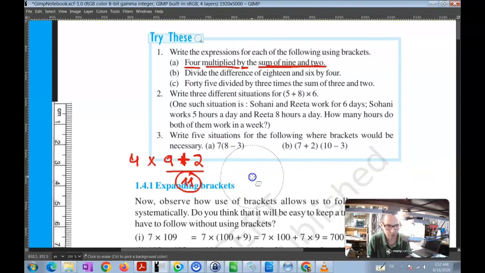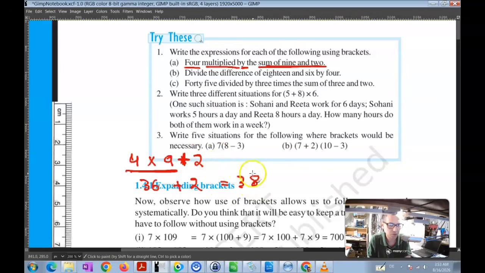But if I write my expression this way, meaning 4 times 9 plus 2, what this means based on the rules of priority in arithmetic is that because multiplication has the first priority, first I'll have to evaluate 4 times 9, which is 36, then plus 2, which is equal to 38.